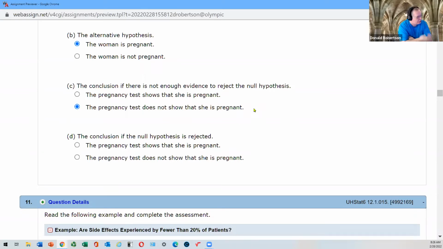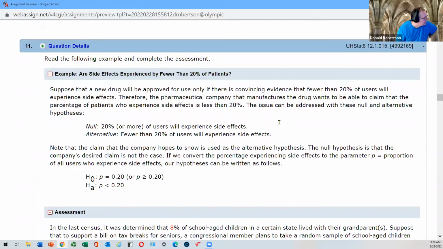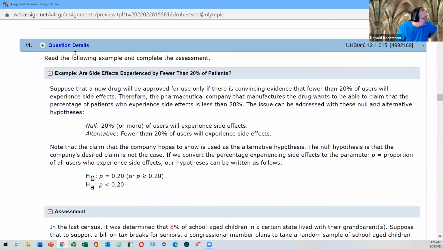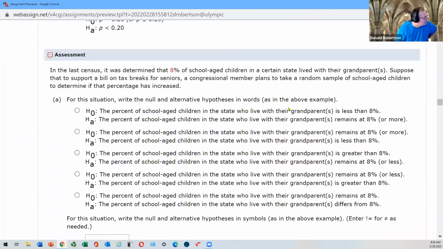All tests, including pregnancy tests, are not 100% effective, right? They're like 99.99% effective, but there is a 1 in 10,000 chance that it gets it wrong. And if you do the other one, then it's that one. This one here, you'll just read through it and I'll let you figure it out. And this one, we can move on.